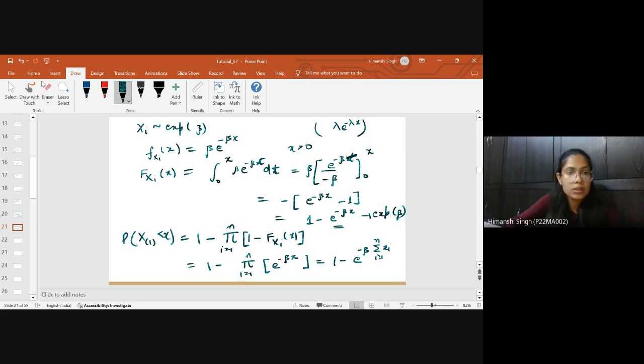So here it will be the summation of x, so it will be n of x. Because here we are considering the argument to be x only, and here it is 1 minus e to the power minus beta x. So there is no role of this xi, and because they are independent, we can take this product in the exponent term, and I just wrote it as n of x.